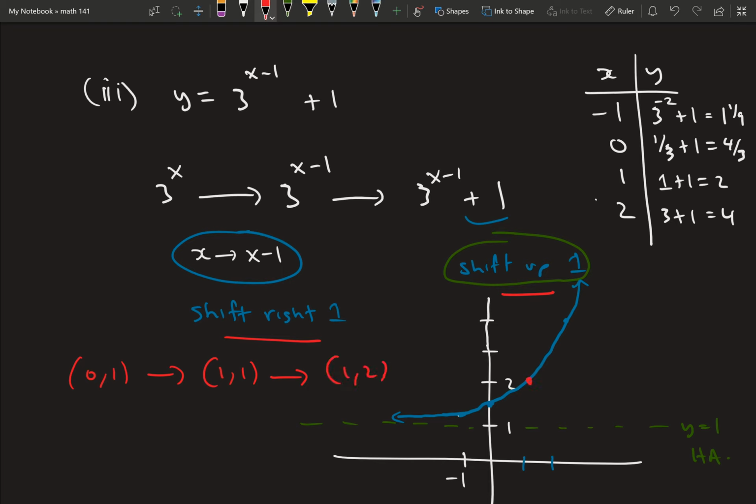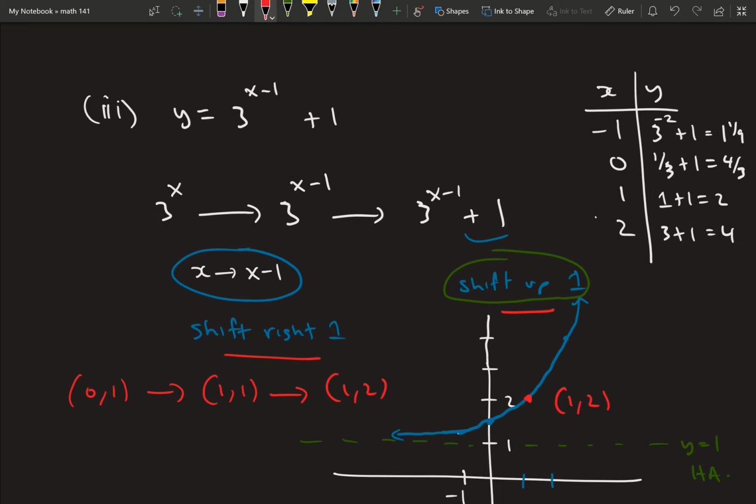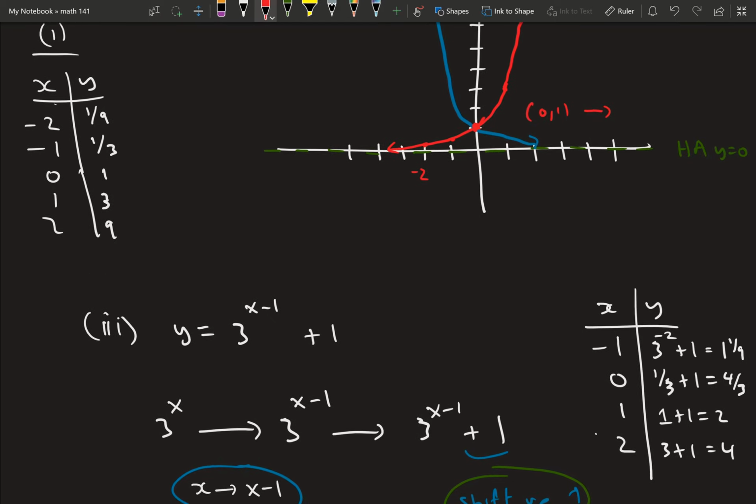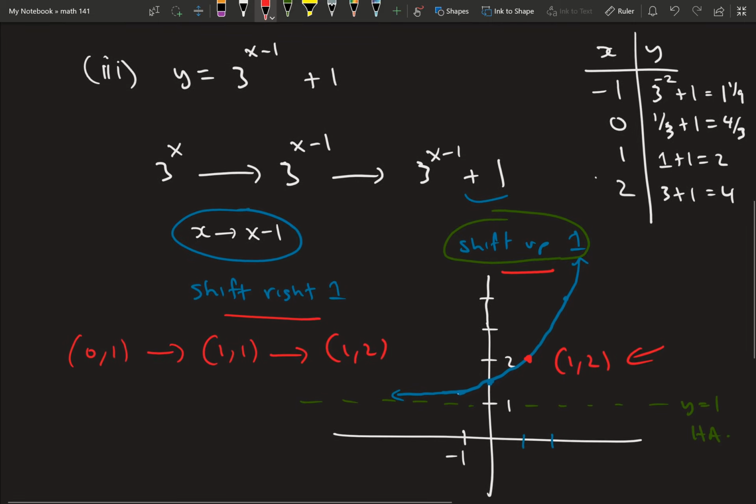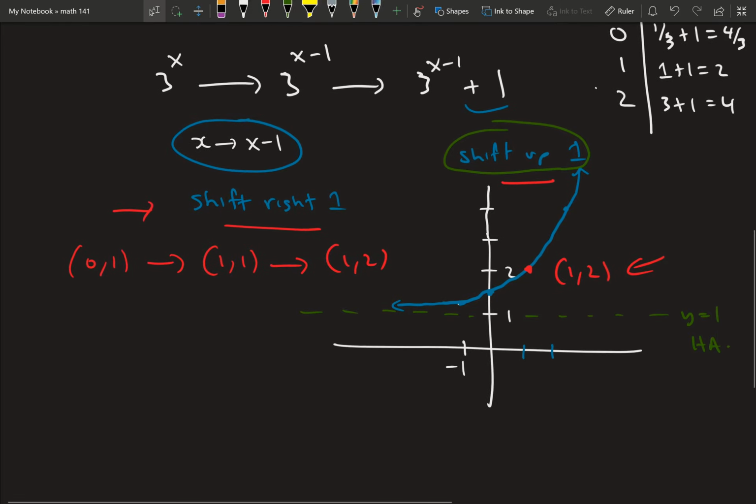And that's exactly this point right here, 1, 2. So literally you could fix one point in the original graph, move that to the right by 1 and then up by 1, and that'll give me the new point in this new graph. It's good to have one point as a reference, especially if you're only going to use the shifting method. And then shift the asymptote.